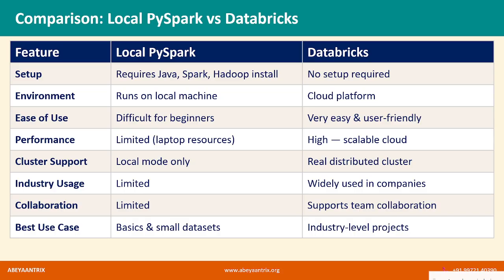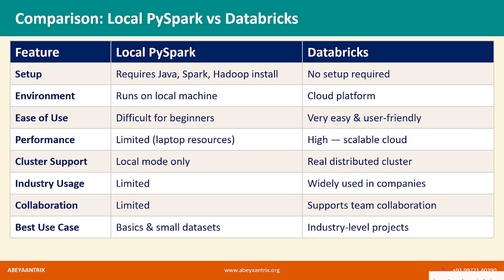Local PySpark might be difficult for beginners, but Databricks is very easy and user friendly for beginners. Coming to performance, local PySpark has very limited performance, while Databricks gives high performance and a scalable cloud. For cluster support, local PySpark always runs in local mode only, but with Databricks you have a real distributed cluster. Industry usage is limited for local PySpark, and Databricks is widely used in companies.